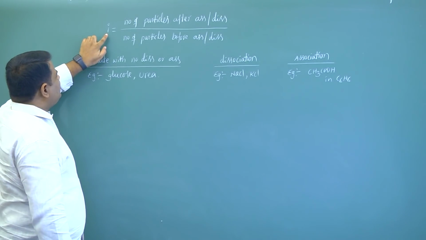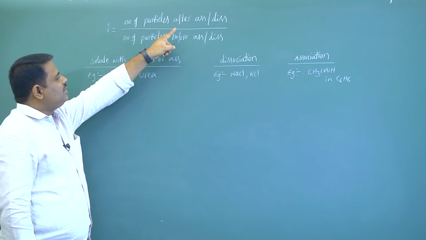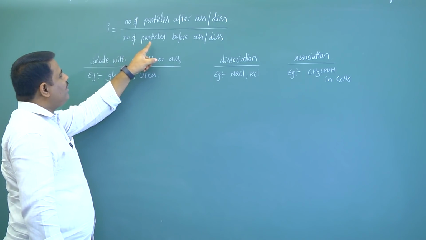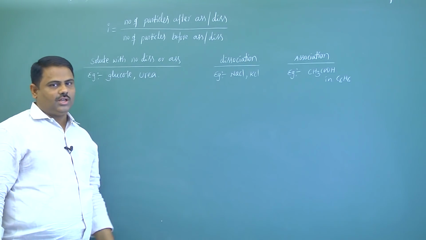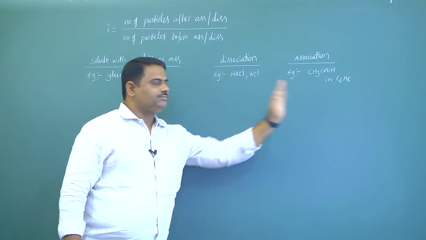So Van't Hoff factor i is equal to the number of particles after association or dissociation divided by the number of particles before association or dissociation. Now I am taking three cases here.